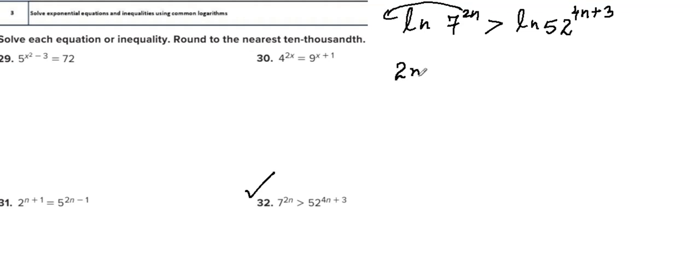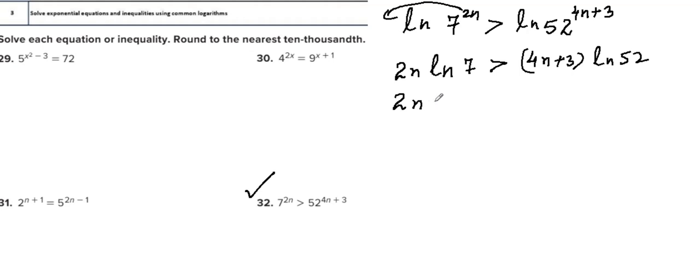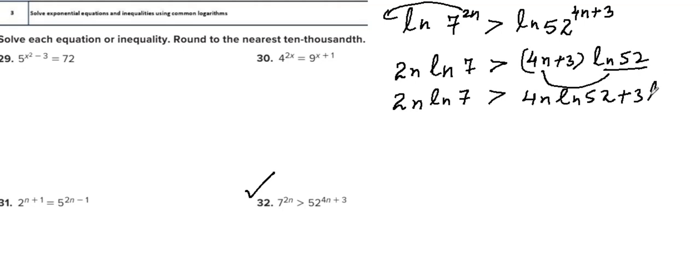So 2n log 7 is greater than 4n plus 3 times log 52. 2n log 7 as it is, greater than, multiply log 52 inside: 4n log 52 plus 3 log 52.